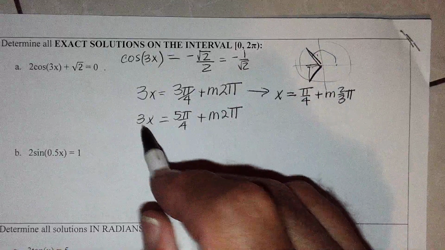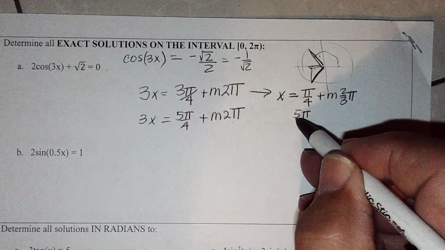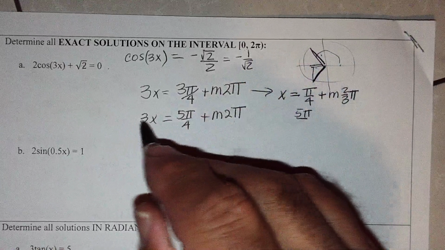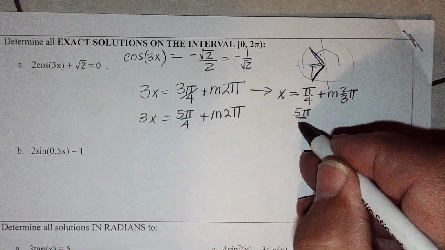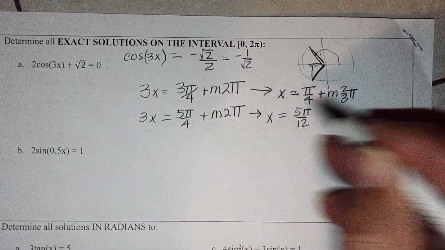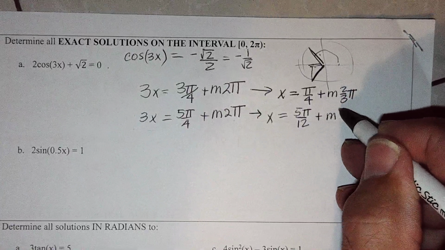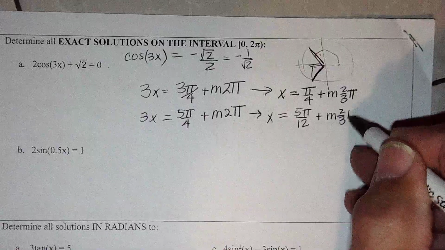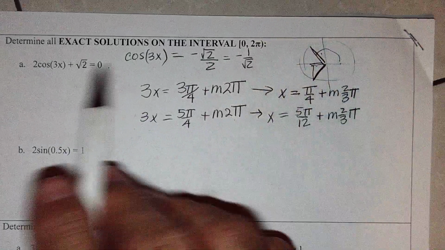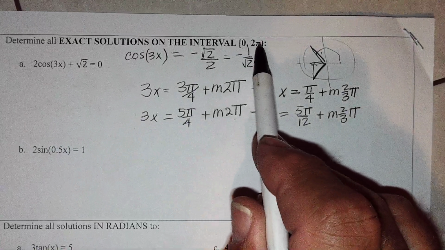And similarly, if I divide by 3, I get 5 pi over, well, 3 doesn't go into that, so I'm going to be multiplying by 1/3, so 5 pi over 12, and that will be the same, plus multiples of 2/3 pi. There's all of the possible solutions for this, but I just got to find the ones between 0 and 2 pi.